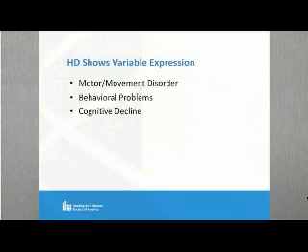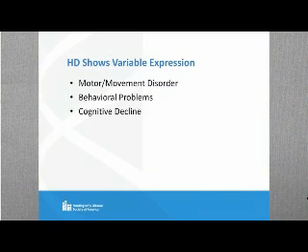For many diseases, there are biochemical tests that are available that could also be included in expression of the disease. There are no biochemical tests for Huntington's disease at the present time. And the expression of Huntington's disease is variable. You can have motor symptoms, that's the chorea and the involuntary movements.